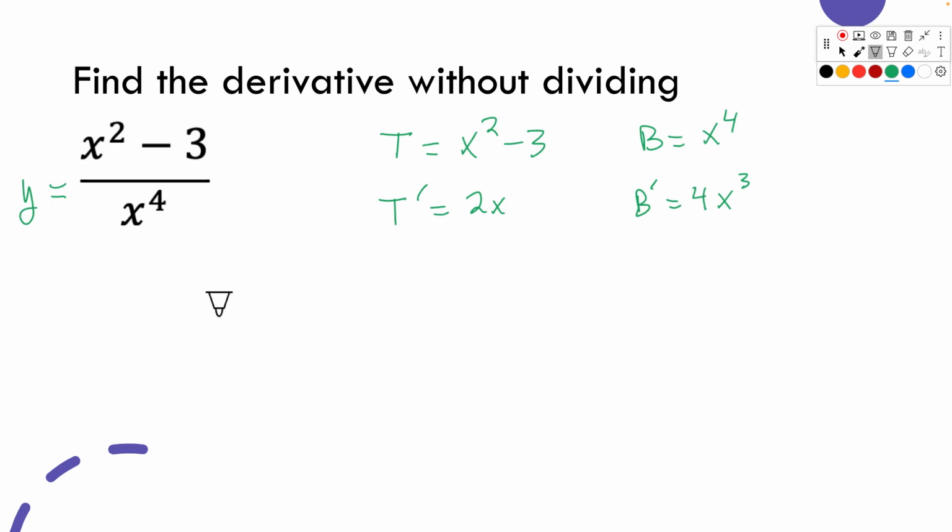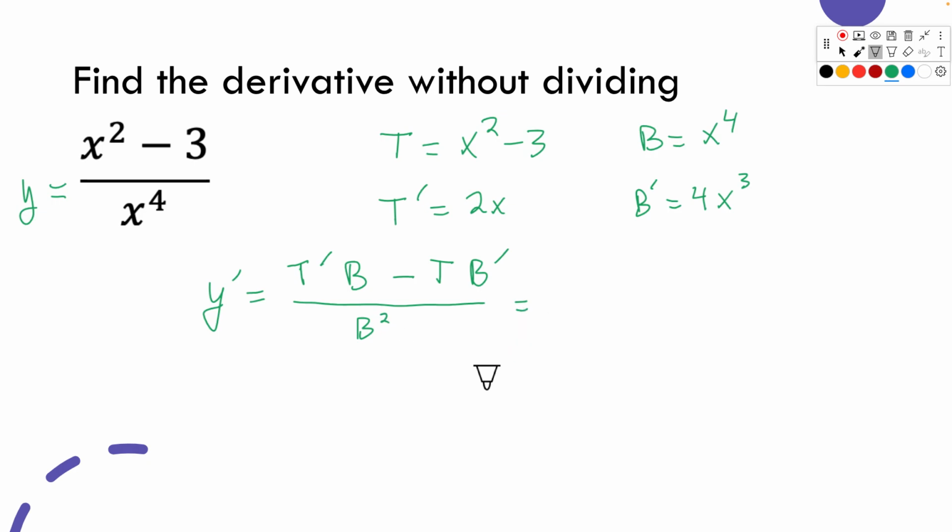And so I'm going to say the derivative of y is what? It's the derivative of the top times the bottom unchanged minus the top unchanged times the derivative of the bottom, all over the bottom squared.